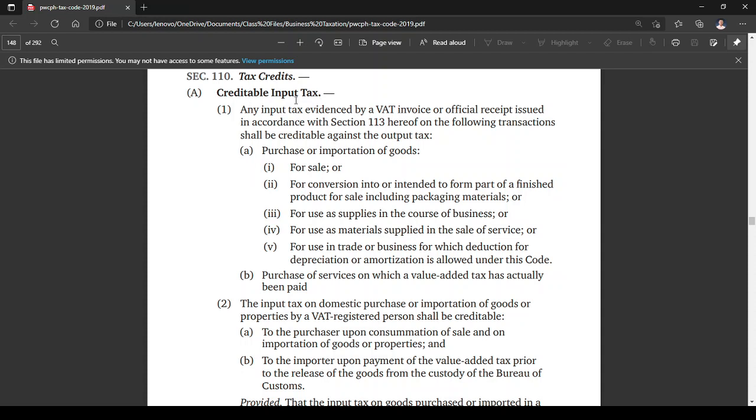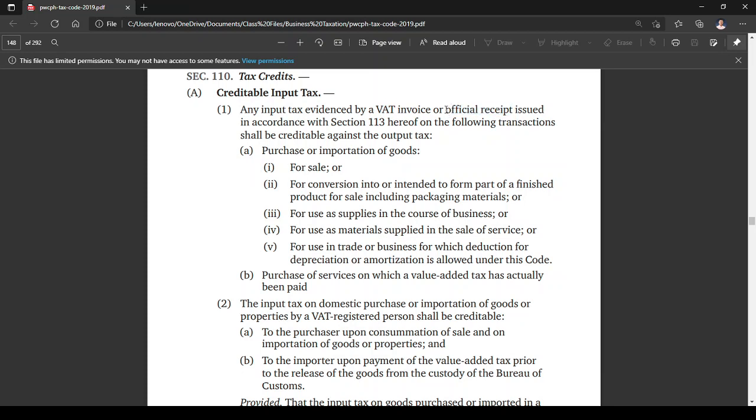A creditable input tax, any input tax evidenced by a VAT invoice or official receipt issued in accordance with Section 113 hereof on the following transactions shall be creditable against the output tax. So, the creditable input tax, kailangan natin ng evidence, specifically yung VAT invoice or yung official receipt ng mga pinurchase natin.